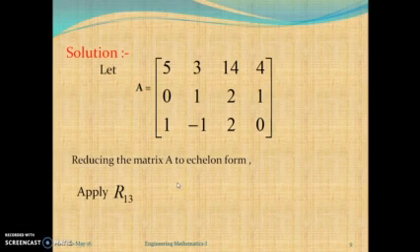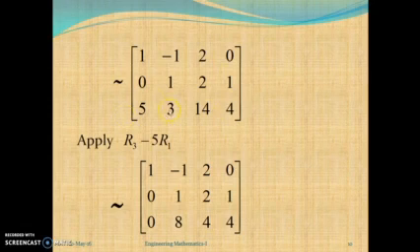Now we get an equivalent matrix. This symbol is for equivalent, and it is not exactly equal to the given matrix because we do elementary transformations. Therefore the matrix is 1 minus 1 2 0, 0 1 2 1, 5 3 14 4.